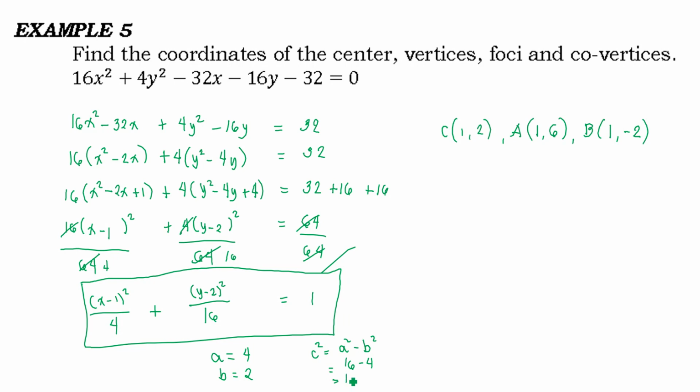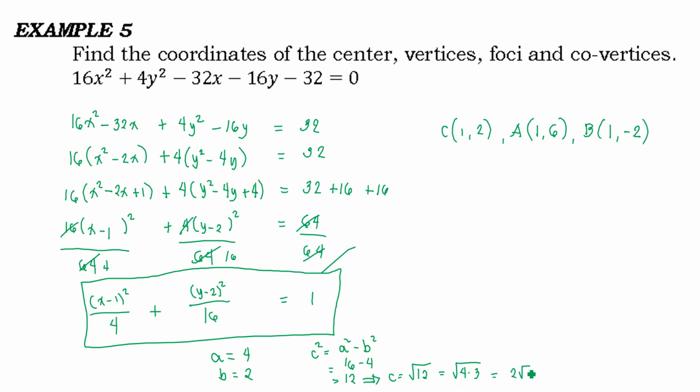Now, the c is the principal root of 12, which is equal to the square root of 4 times 3, which is 2 square root of 3.